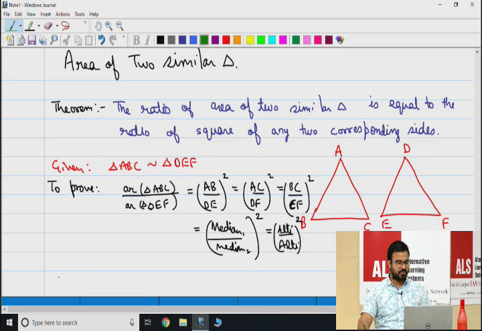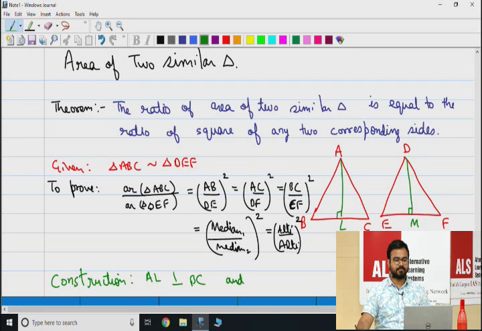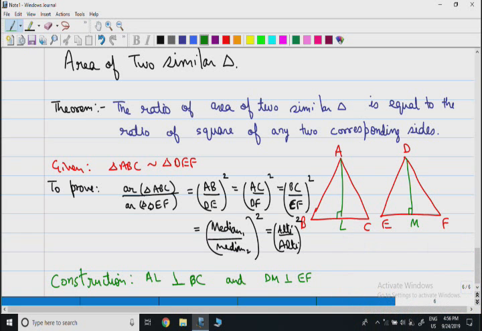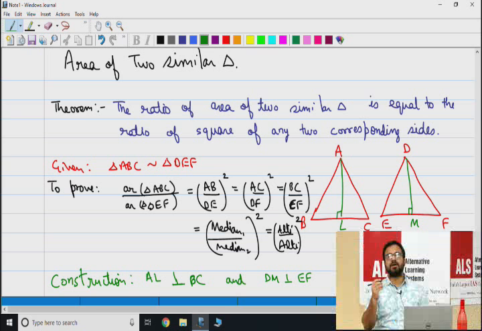So in this first triangle we can draw this AL as altitude and here let's say M. So we draw AL perpendicular to BC and DM perpendicular to EF, so that we can find the area.